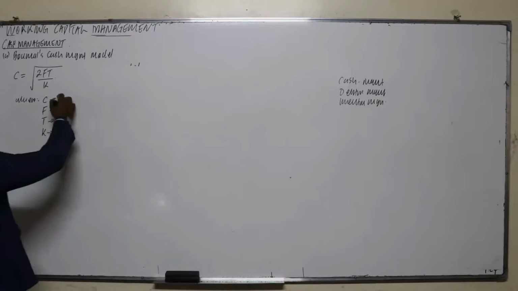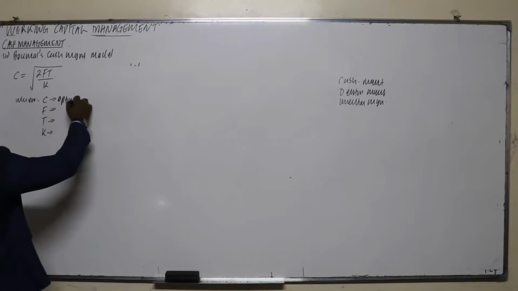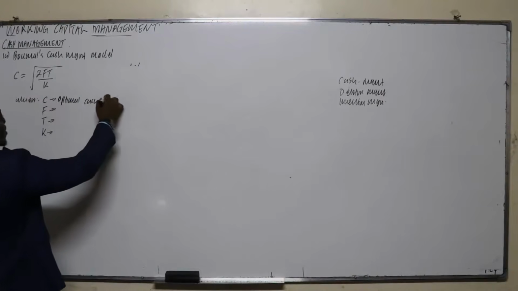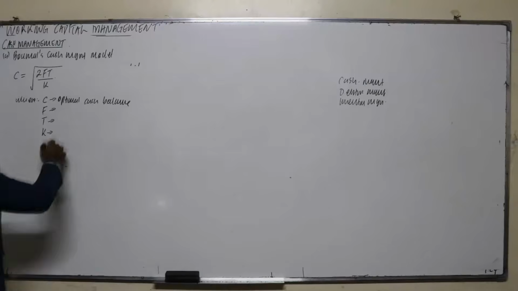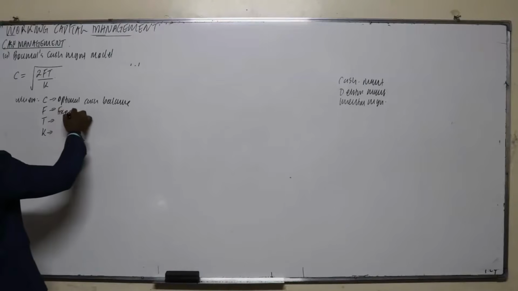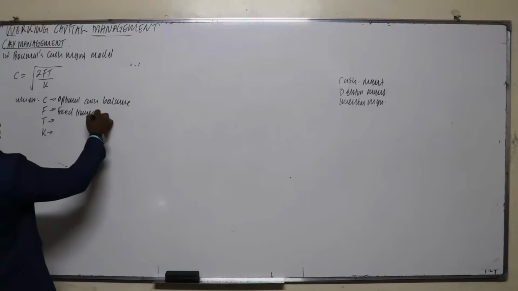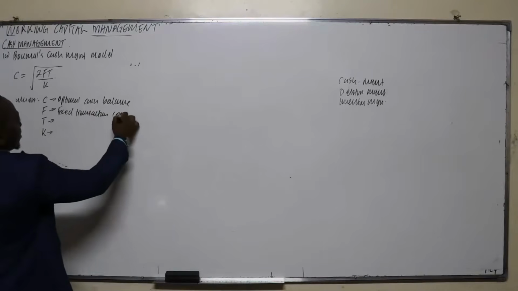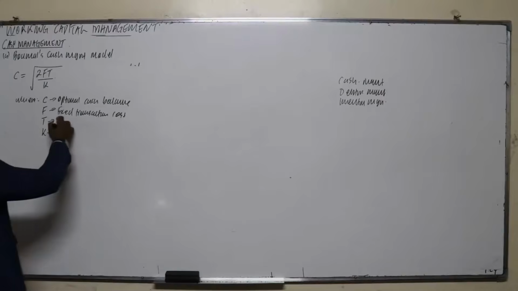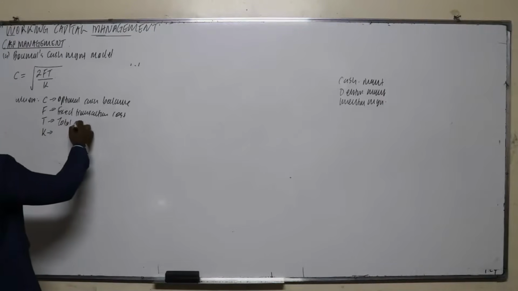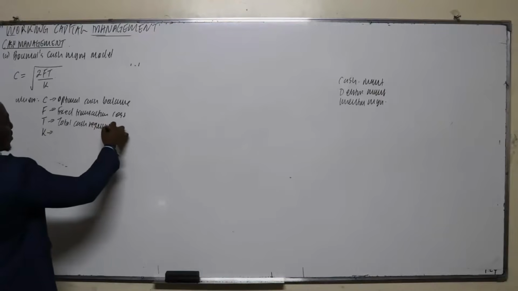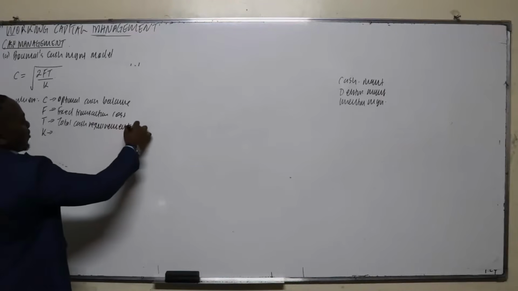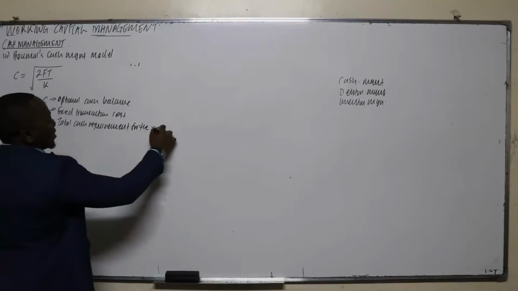Where C is the optimal cash balance, F is the fixed transaction cost, then T is the total cash requirement for the year.